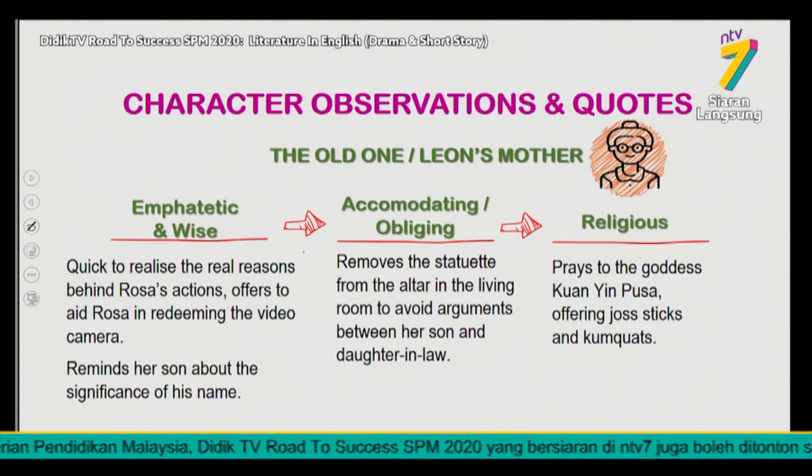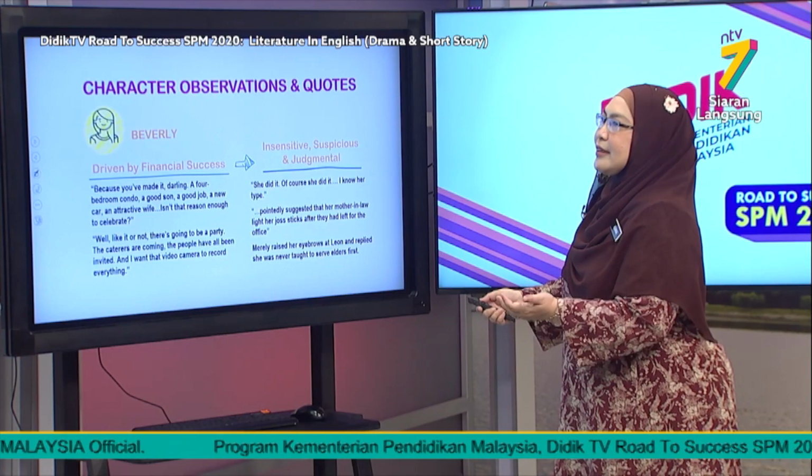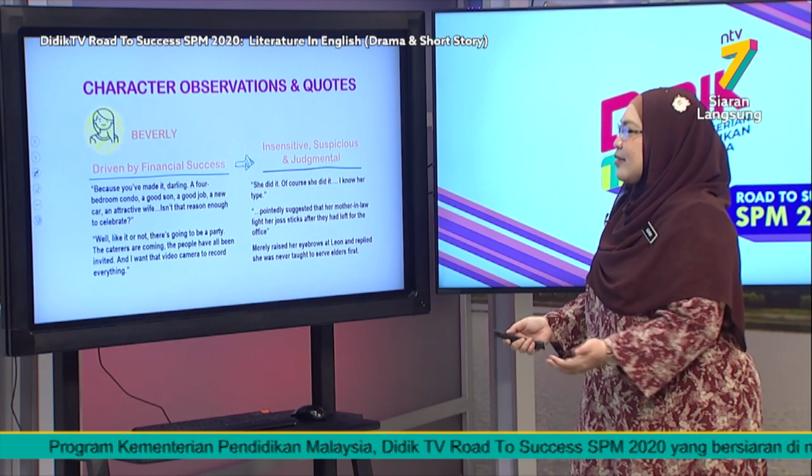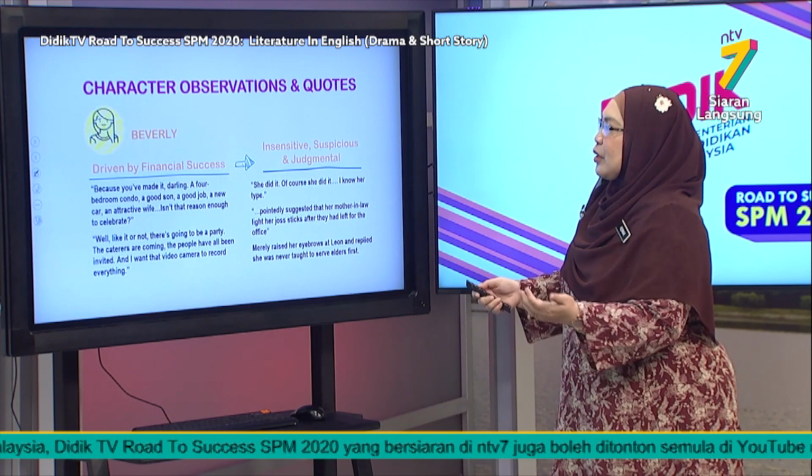Whenever she seeks warmth. Then you have Beverly, the employer who threatened Rosa about the video camera. You find that her character is one that is driven by financial success. Look at what she says. A 4-bedroom condo, a good job, a new car.